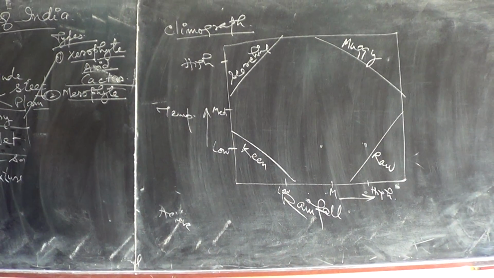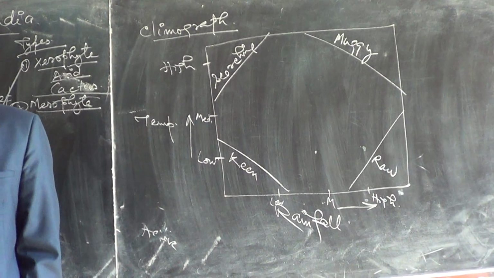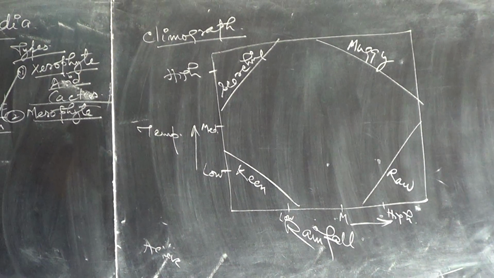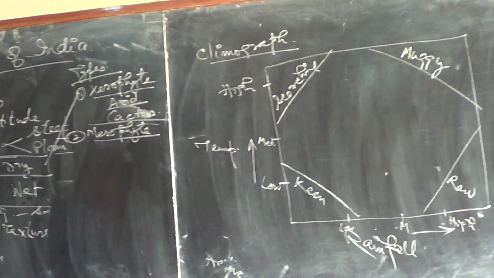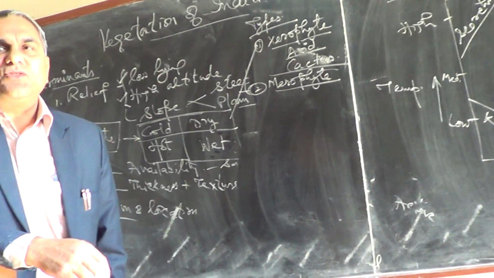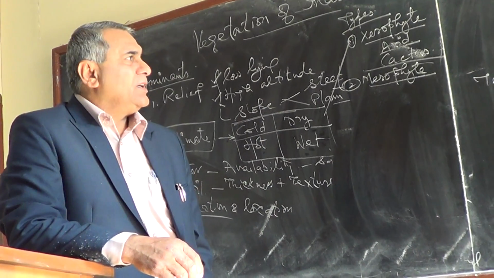These are the four conditions of climate. All these four are called extreme conditions of the climate.